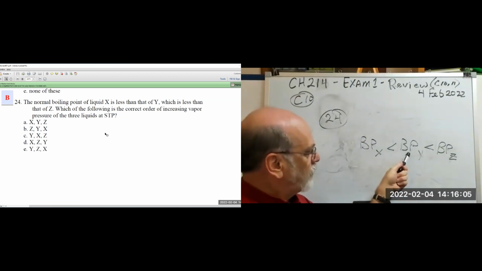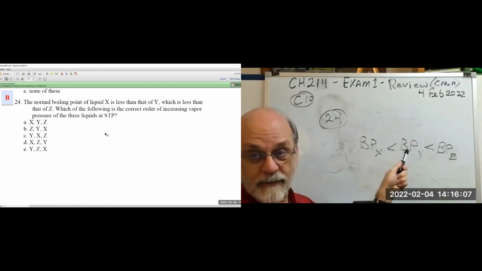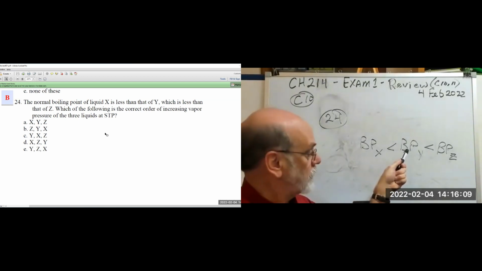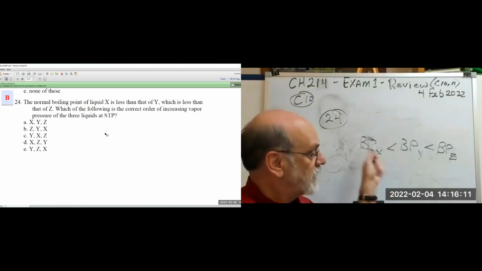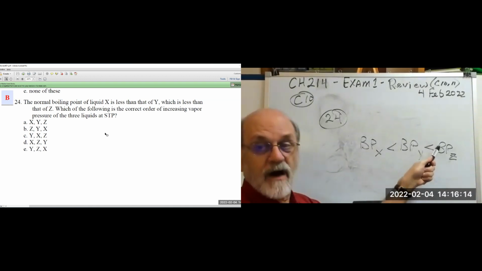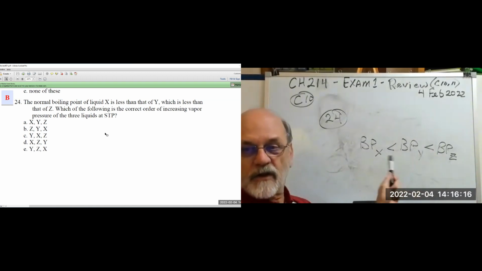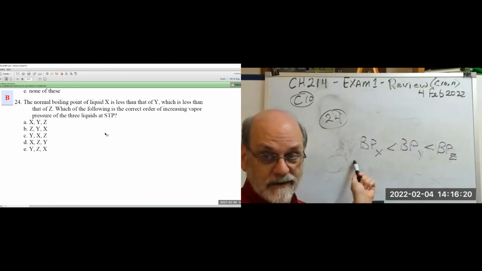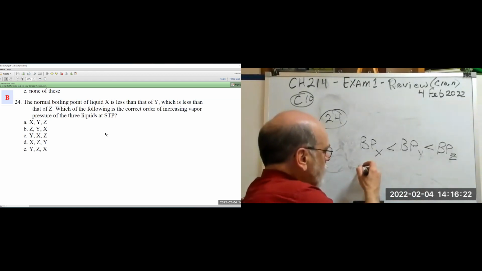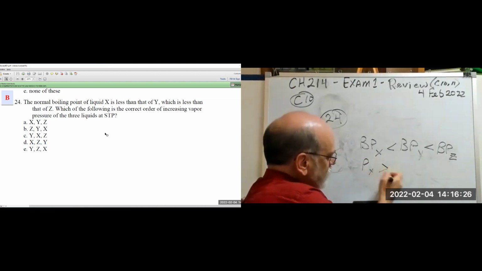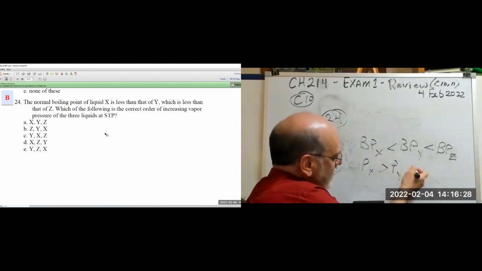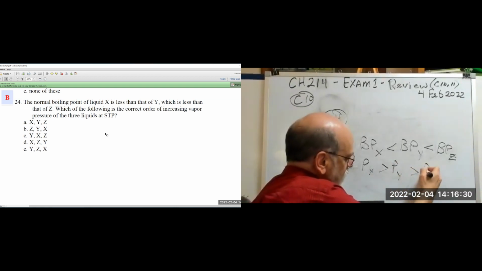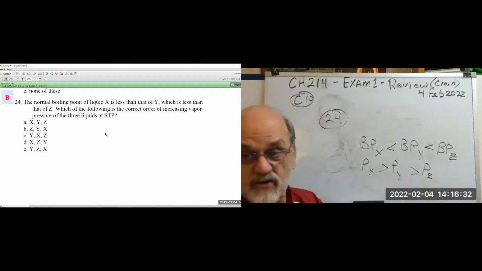So if this boiling point is higher than that one, that means the intermolecular forces here are greater, and the intermolecular forces here are greater. So the vapor pressure is going to be highest for this one. So the vapor pressure of X should be greater than the vapor pressure of Y, greater than the vapor pressure of Z. It's just the opposite.